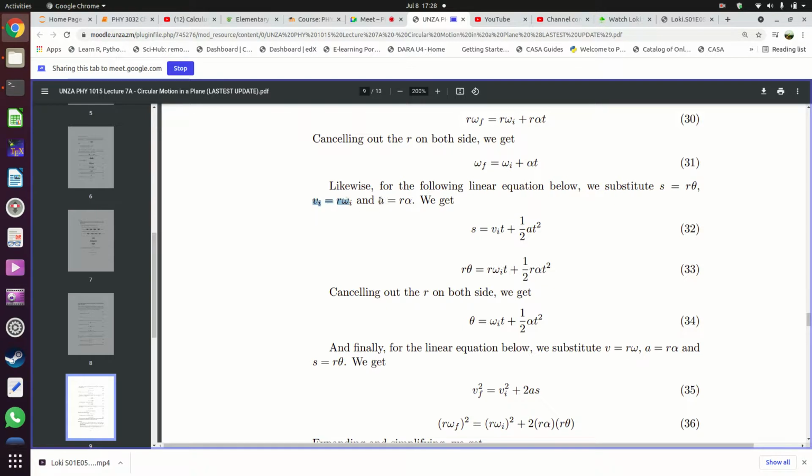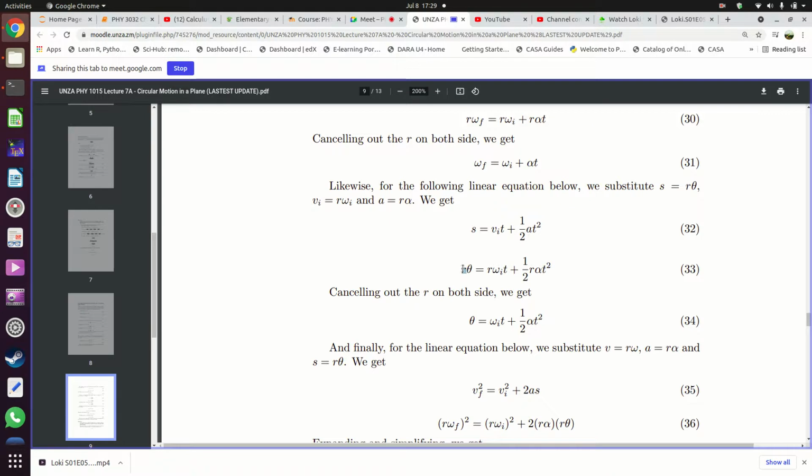Then our Vi is equal to r omega I. Then our acceleration A is equal to r alpha. So when we substitute for S, we put r theta. Then for Vi, we put r omega I t plus half r alpha t squared.